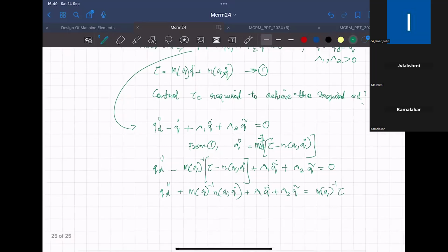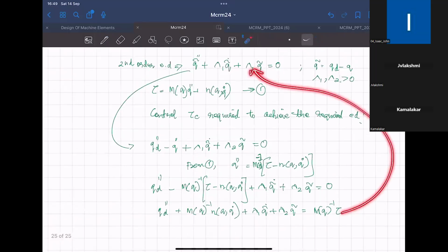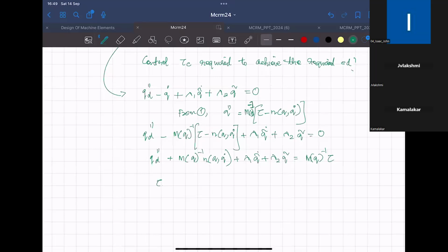So now we find out the control input so that the system will follow this dynamics. I'm simply writing it as tau c. Tau c would be, if I take this M of q to the other side, M of q multiplied by q desired double dot plus lambda 1 q tilde dot plus lambda 2 q tilde plus N of q, q dot.